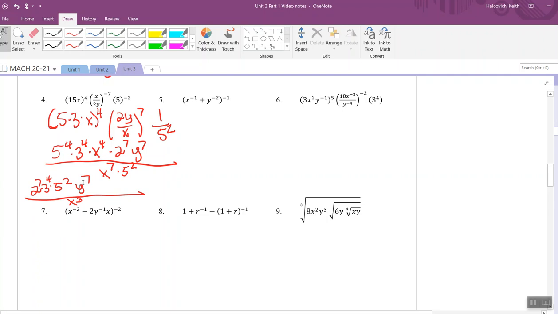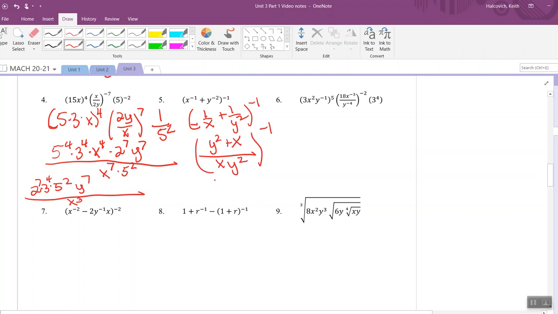All right, so number 5, here it says we're going to take this to the -1st power, but first let's do the inside. So we have 1 over x plus 1 over y squared, to the -1st. So if we get a common denominator here, we get y squared plus x over xy squared, to the negative first.